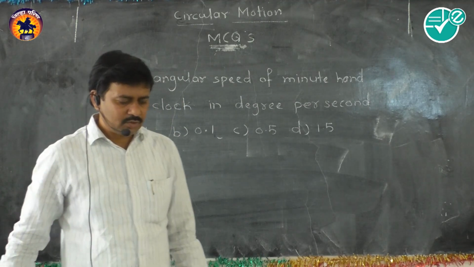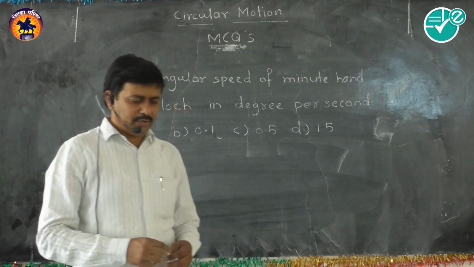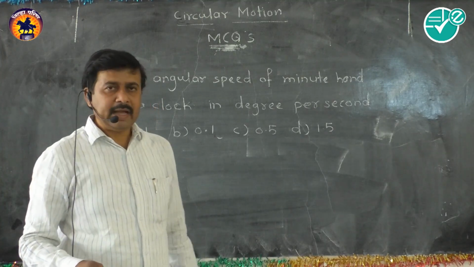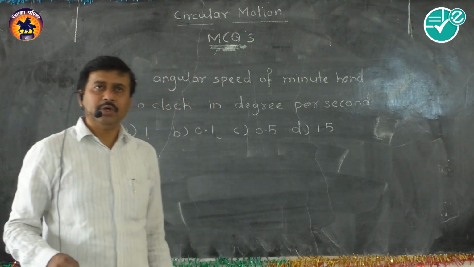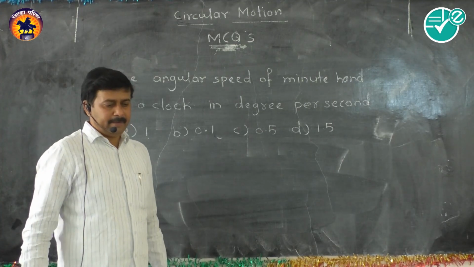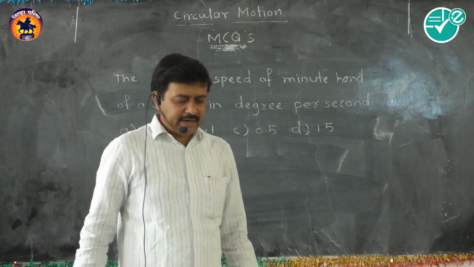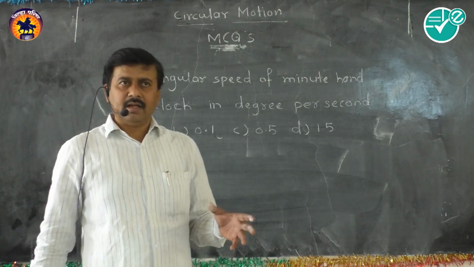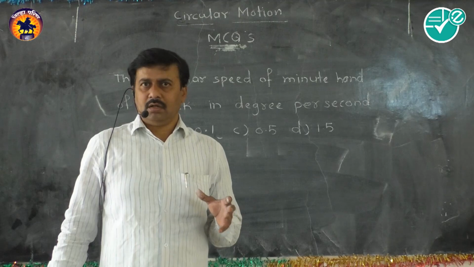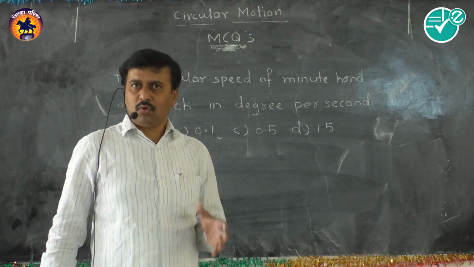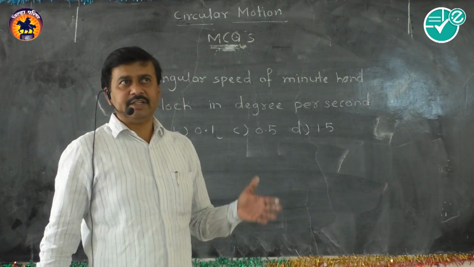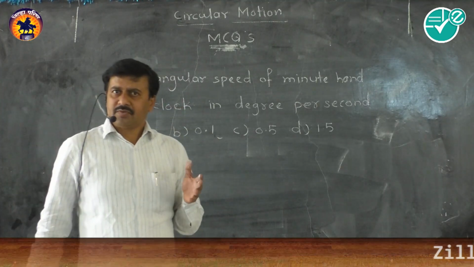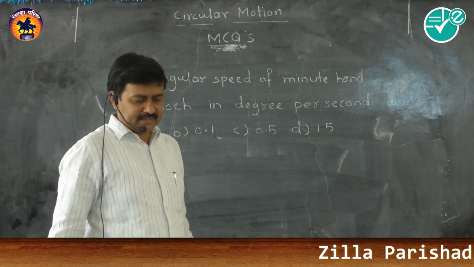So here also a similar trick can be used. We know that the angular speed is given by 2 pi by T, and we know the periodic time of the minute hand. During one revolution, one rotation, it covers 2 pi, that is 180 plus 180, that is 360 degrees.